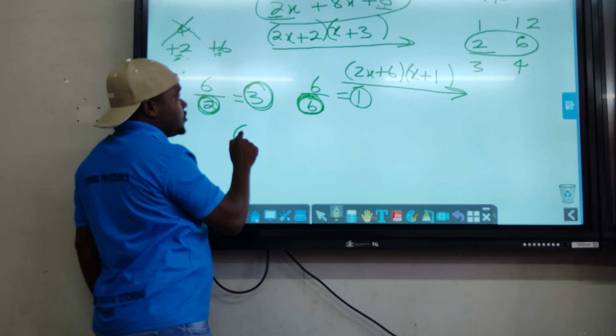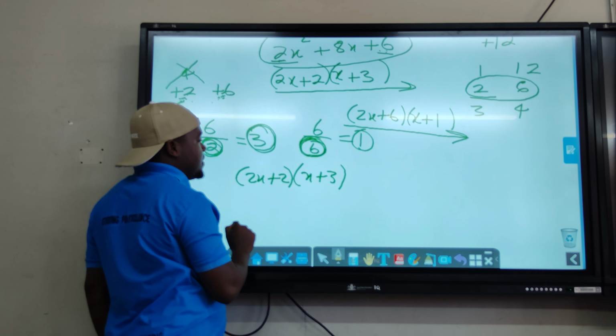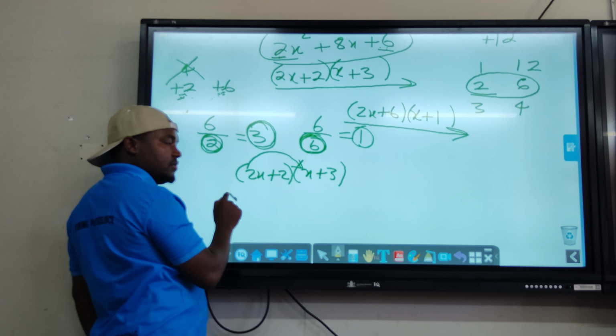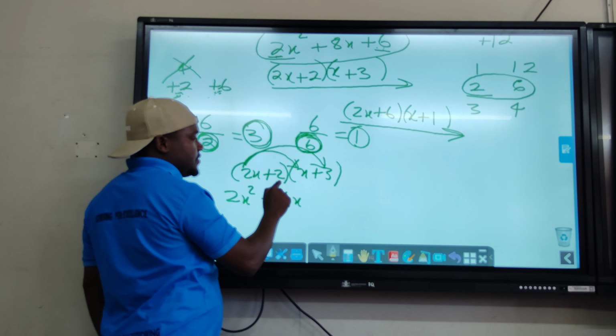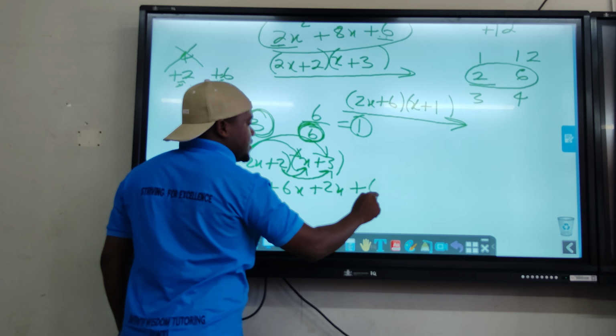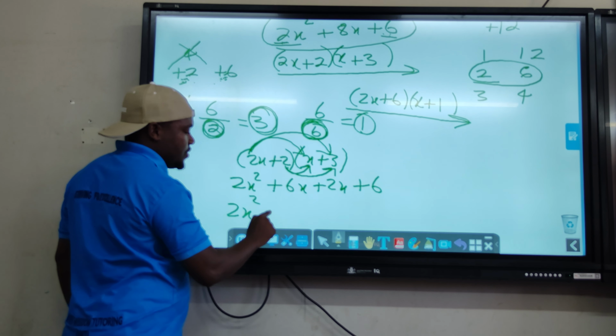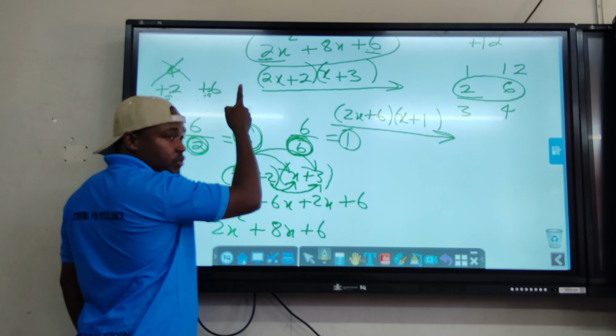If I expand this, it is 2x plus 2, x plus 3. What is the answer? 2x squared, 6x, 2x, 6. Then you simplify: 2x squared plus 8x plus 6. It is exactly what we have at the top.